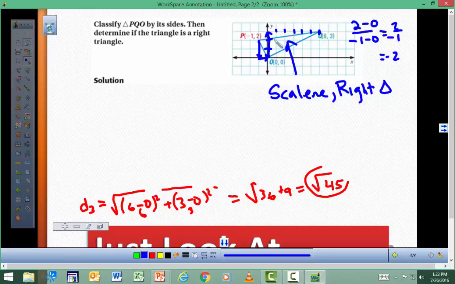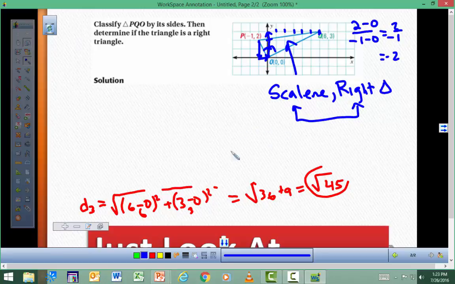Scalene means that none of the sides are the same. Right triangle means that there is a right angle in here. And so that's how we would describe this. If you want to call it a right scalene triangle, you can switch these two words around, that's fine. Doesn't really matter which word goes first.